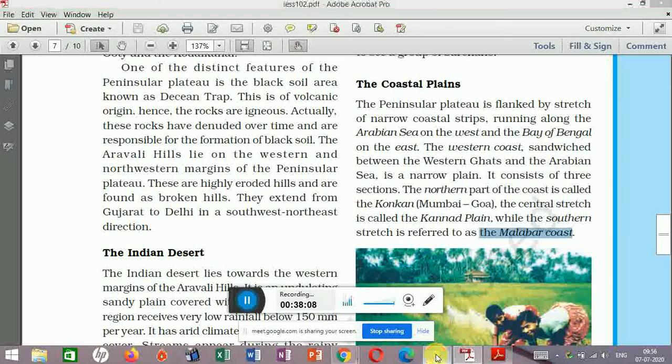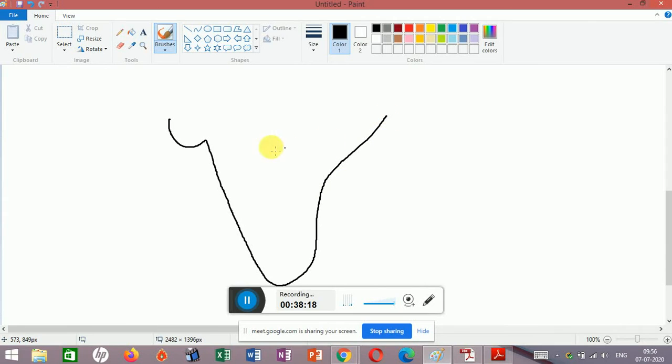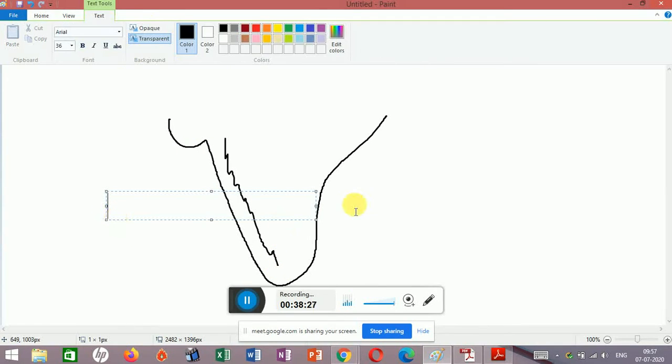Let us see here. Let us say this is again the peninsular plateau, and here lies the Western Ghats, and as you know, this is what we call the Arabian Sea.